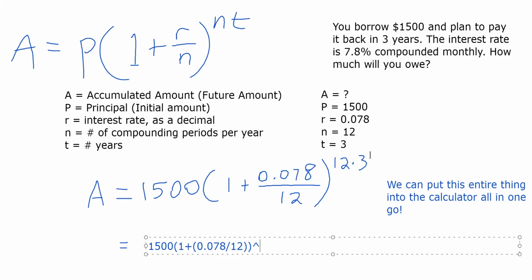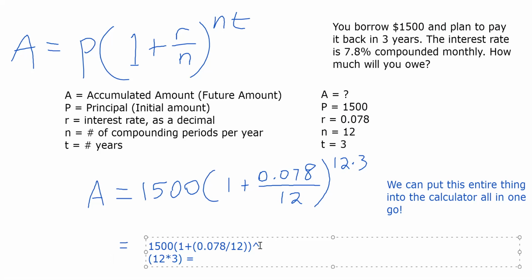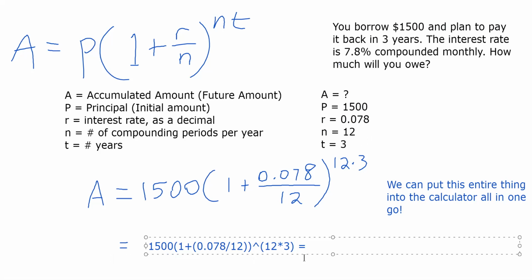Then we need to raise it to this power. We want the 12 times 3 to go down first. So we're going to put the 12 times 3 in its own set of parentheses, so it knows to turn that into 36 and then raise that power. So that's exactly what it's going to look like in your calculator. It may have to line down or something. It may do that for you, but that's ultimately what's going to happen. It's exactly how we can punch it in there.